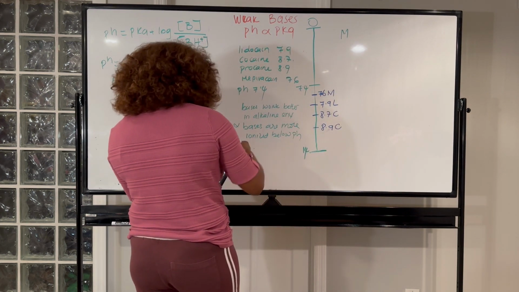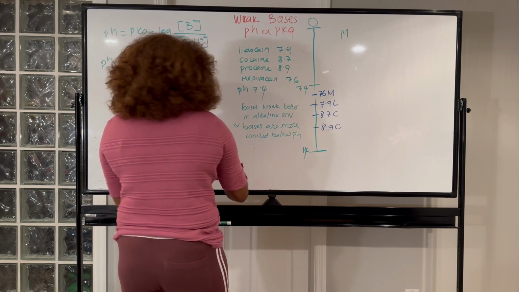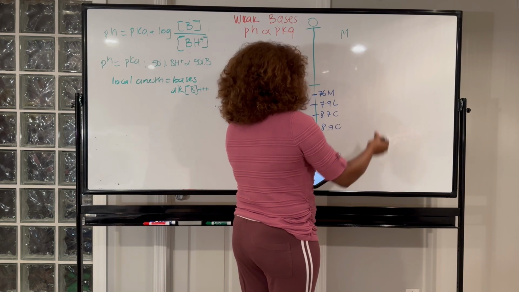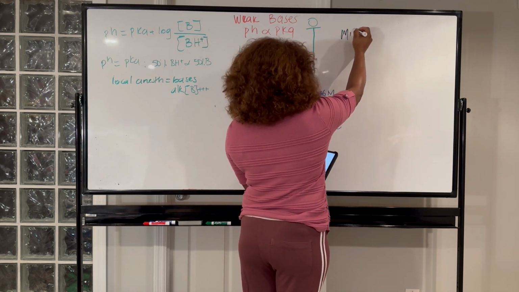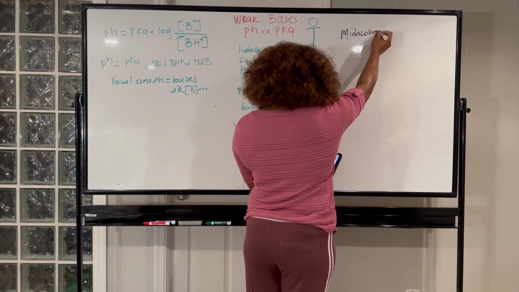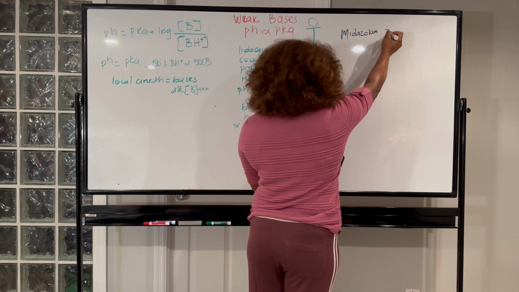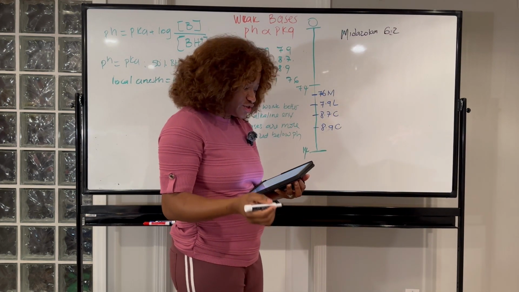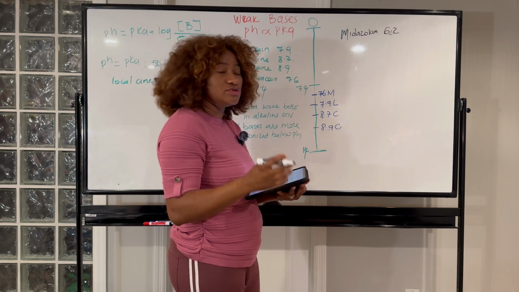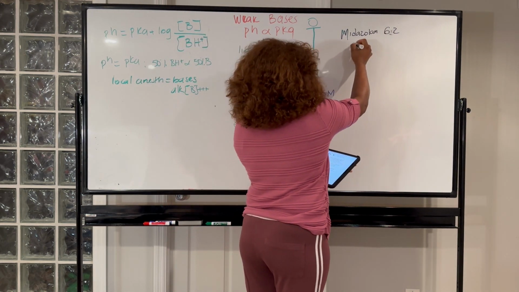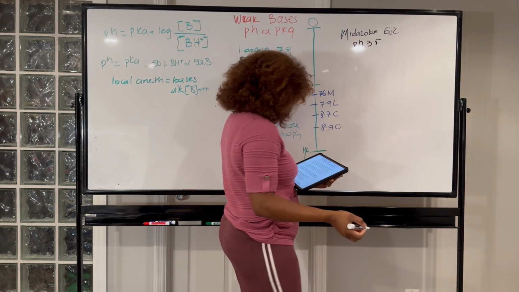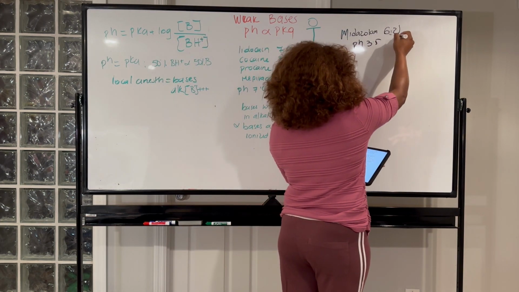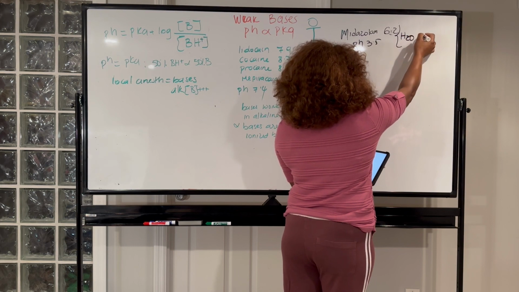The parenteral preparation of midazolam is buffered in a solution that has a pH of 3.5, allowing the drug to be water soluble. So this environment allows midazolam to be water soluble.